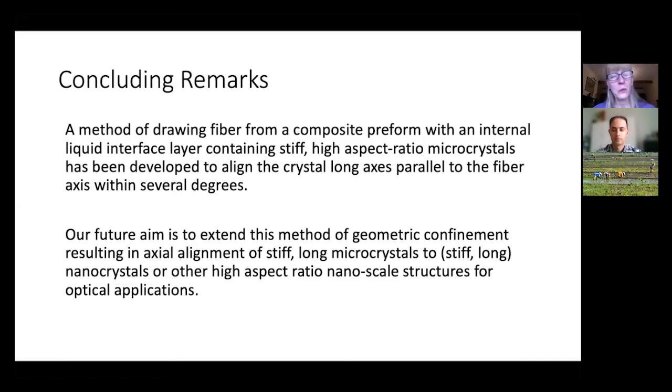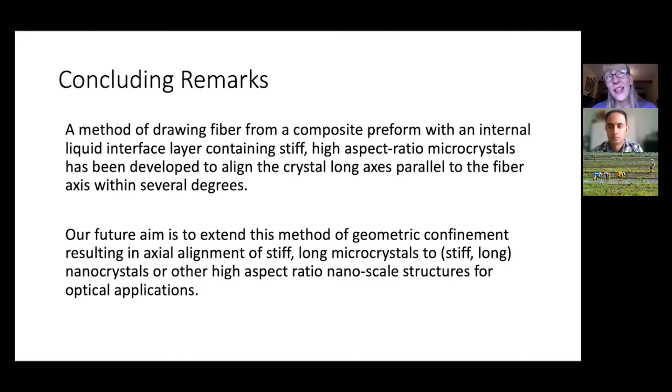But really what we're aiming for long term is multi-stage drawing processes, because we'd like to cascade tubes within tubes, and we'd like to have dual stage or even triple stage draws, so that we can get that interstitial gap down to the nanoscale. And if we can do that with the right sort of nanostructures, then it will be possible, we think, to align nanostructures as well as microstructures.